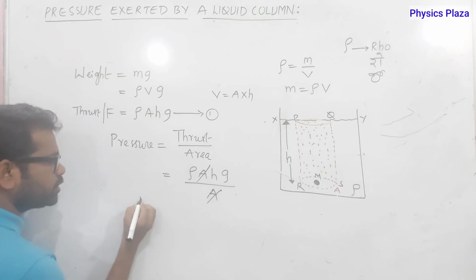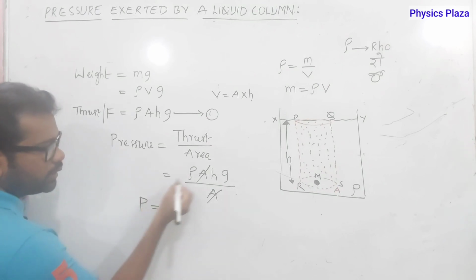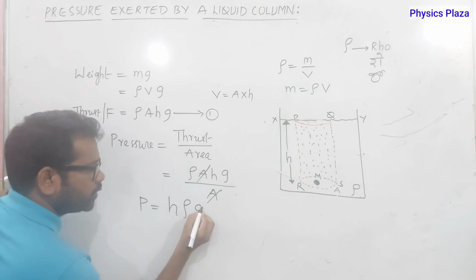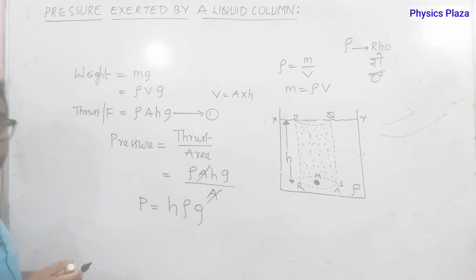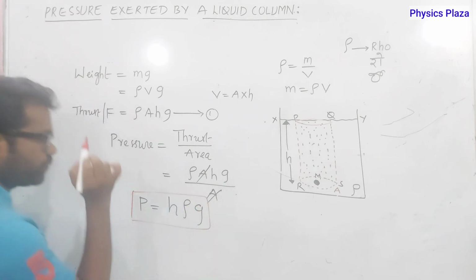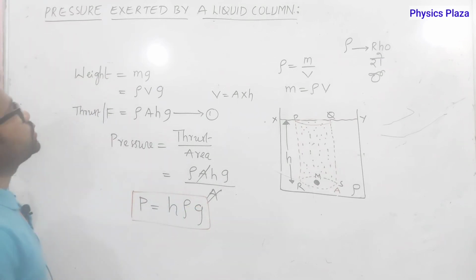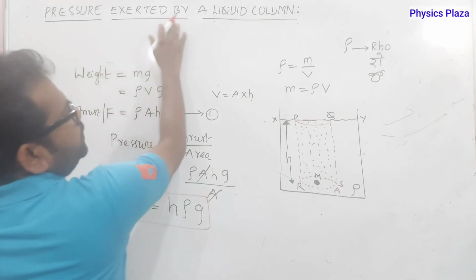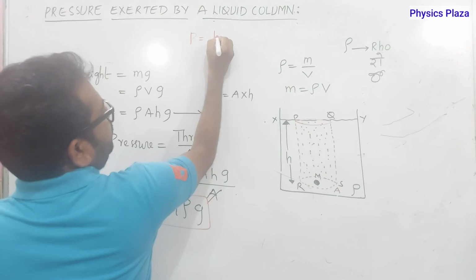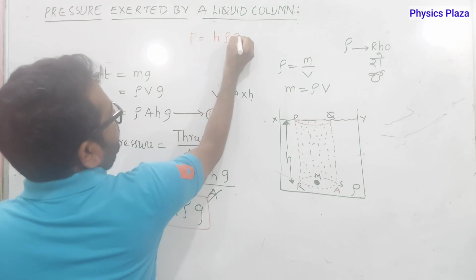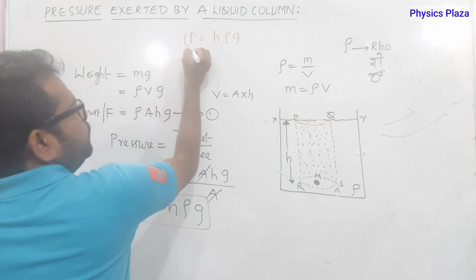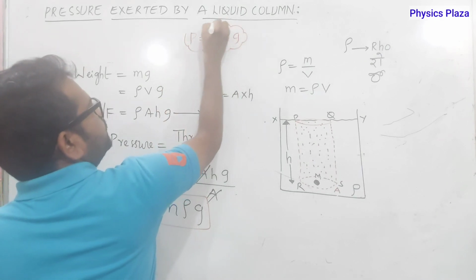So pressure P is equal to, let us write in order, H rho g. Children, this is what actually we are expecting to calculate. P is equal to H rho g. So which means pressure exerted by a liquid column is P is equal to H rho g, which is very important.